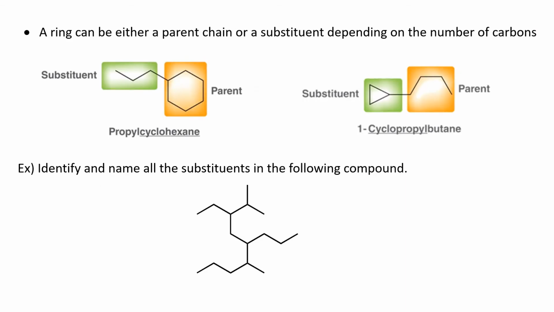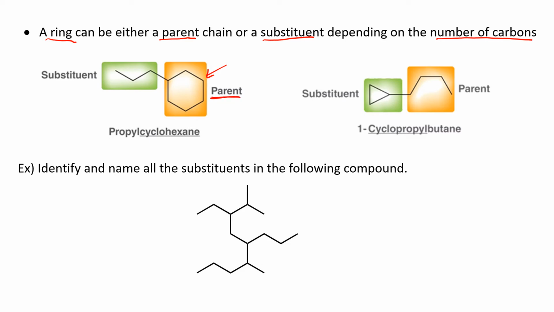All right. We said that a ring can be a parent chain, but it can also be a substituent. So rings can be parent chains or substituents depending on the number of carbons. If the longest chain is part of the ring, then the ring is the parent.